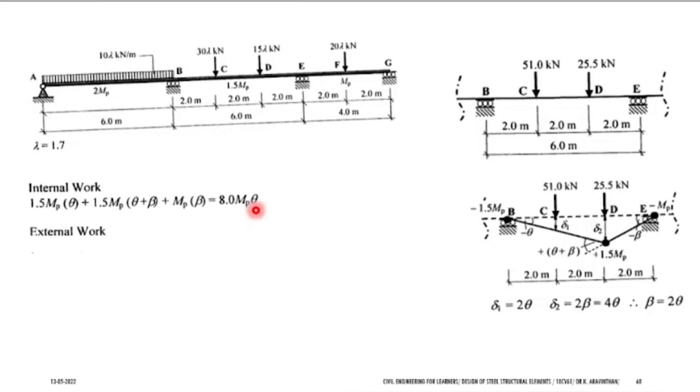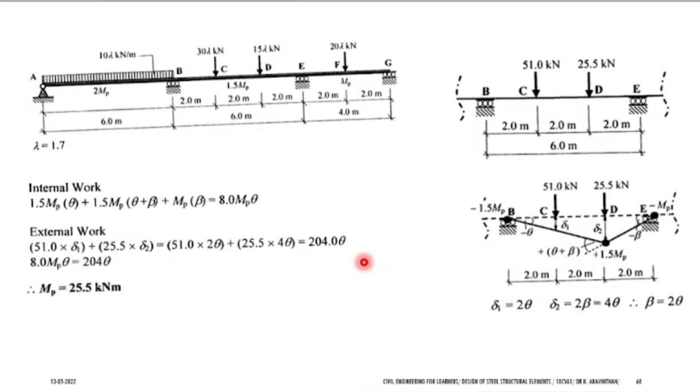External work done: 51 into del 1, 25.5 into del 2. You know del 1 and del 2. Both the values are known. External work done is 204 theta. Yes. Then you can equate 8 mp theta equal to 204 theta, which gives 25.5 kilonewton meter as your mp.